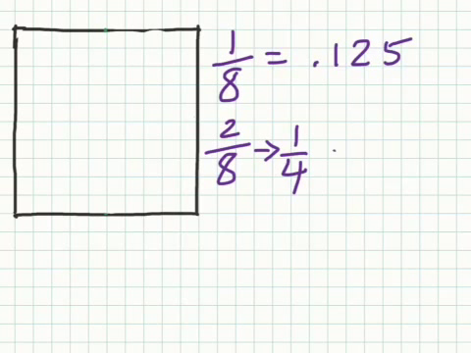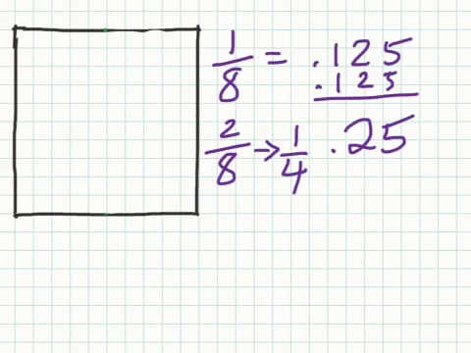What's the value of a quarter? 0.25. Or you could have added the 0.125 plus another 0.125. Add it up. See what you end up with. Hey, you ended up with 0.25 all over again. So either strategy is just fine, but if you really take some time to think of the numbers and simplify them, you might already have some friendly decimals waiting for you.